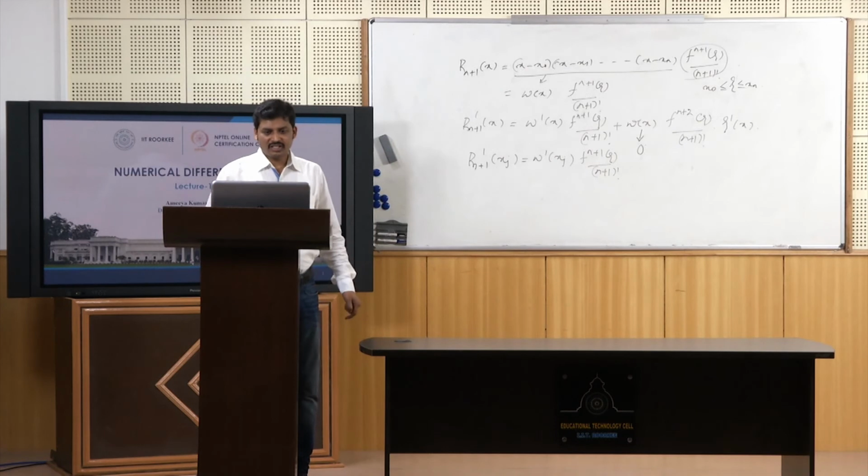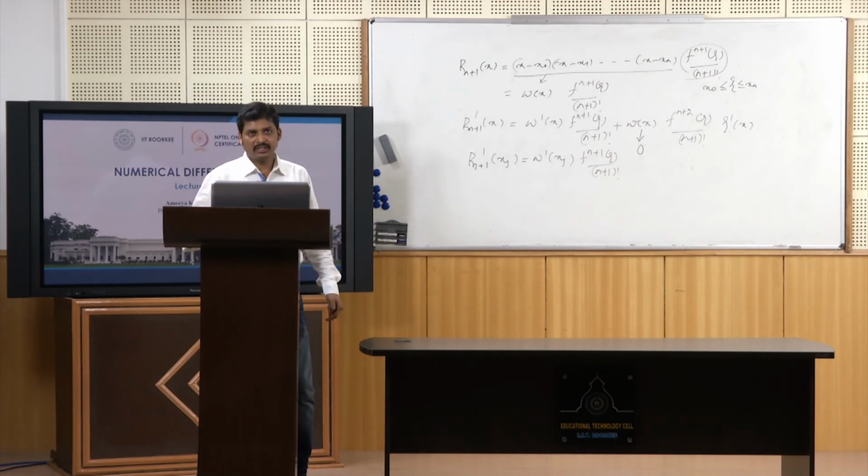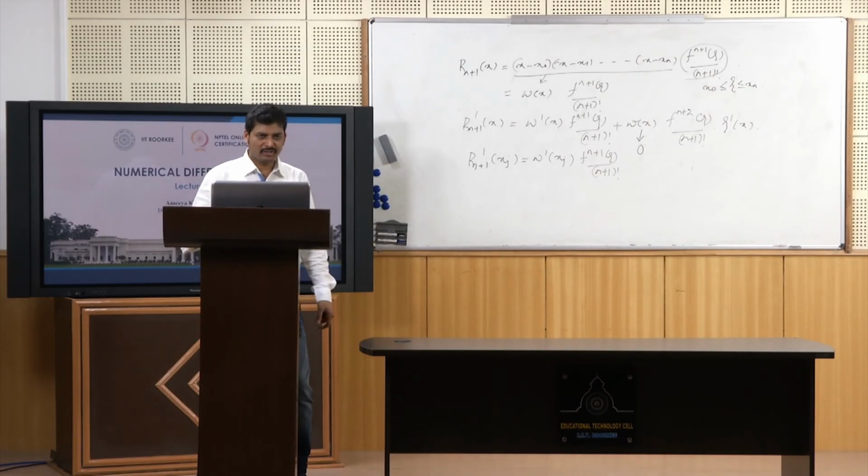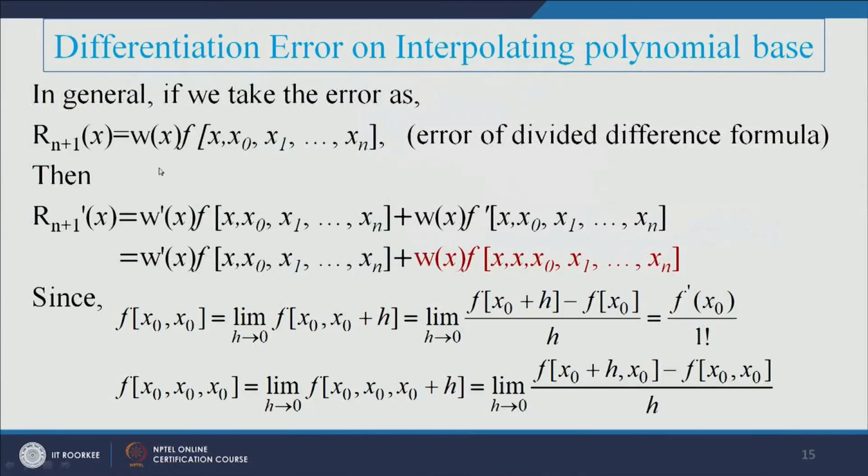So, if you consider this in divided difference form, this divided difference form of the polynomial can be written as, if you see Newton's divided difference error derivation from our earlier lectures, Rn plus 1 x can be written as omega x into f of x x0 x1 to xn.